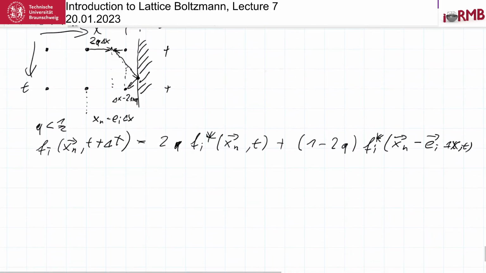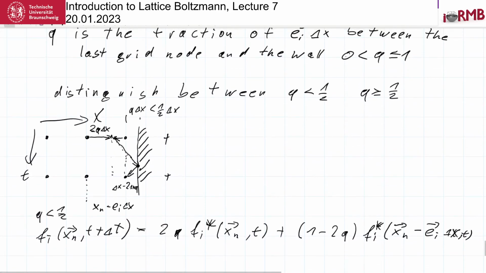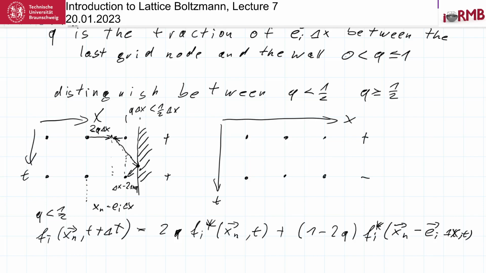Okay, I probably draw the other case. I wanted to draw the other case next to it. I still have the space, so I'm going to do this. So this is x and t. So the other case is that the wall is closer here, so that this delta x q is larger than 1/2 delta x.